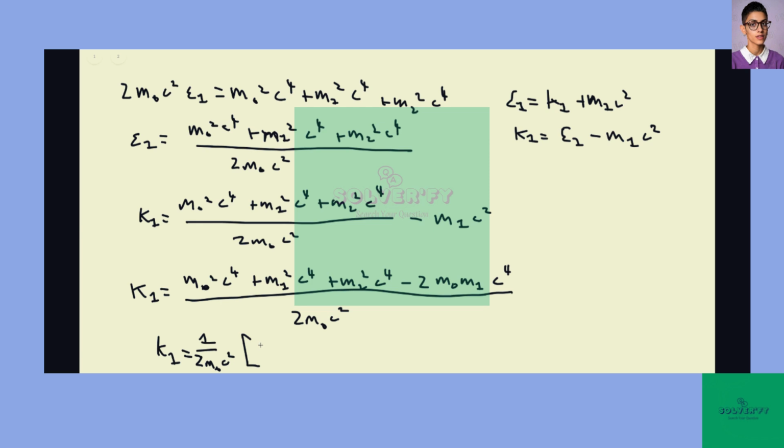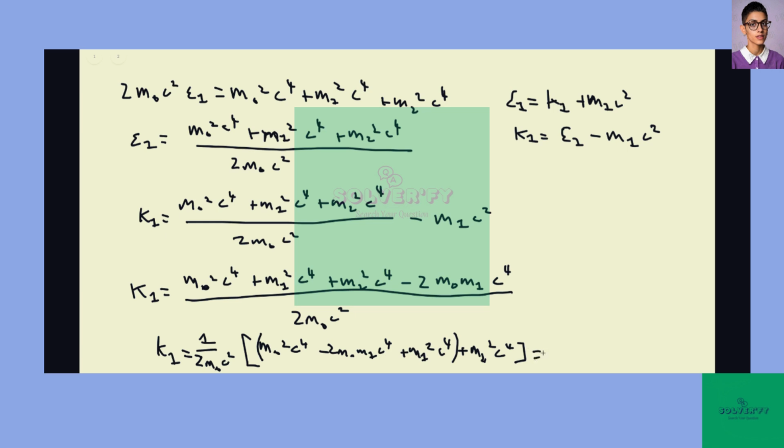We have M0 squared C to the fourth minus 2 M0 M1 C to the fourth plus M1 squared C to the fourth plus M2 squared C to the fourth. Now if you look at this term here, you can factor this, you can reduce that.